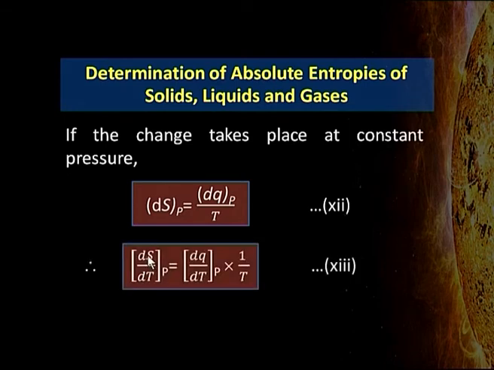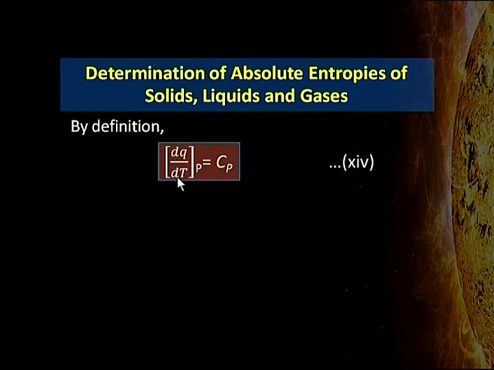Therefore, dS divided by dT at constant pressure is equal to dq by dT at constant pressure multiplied by 1 by T. This is equation number 13. Now, by definition, we know that dq by dT at constant pressure is equal to Cp.